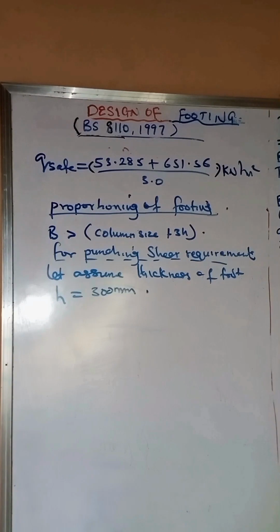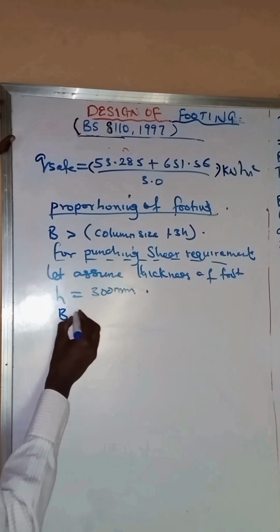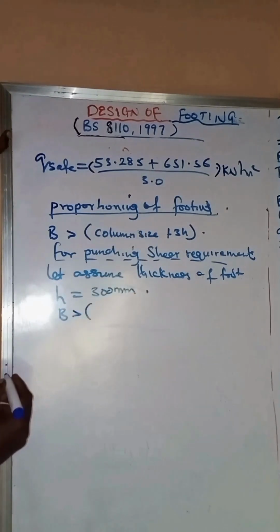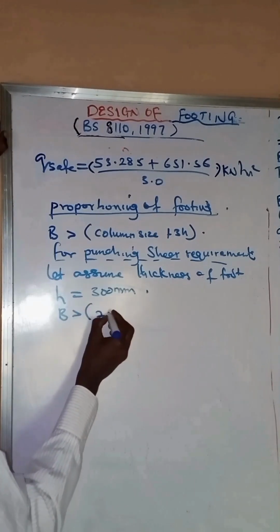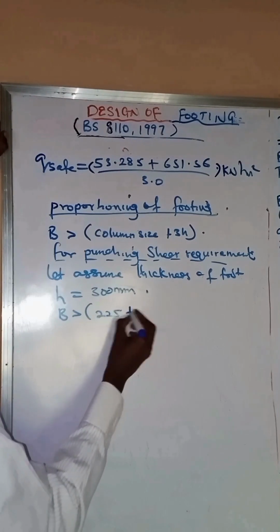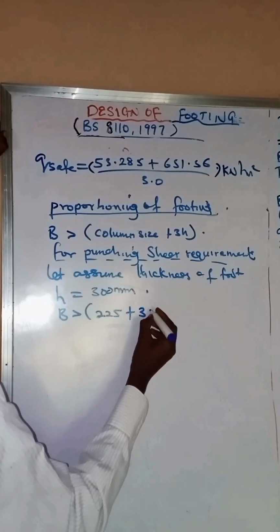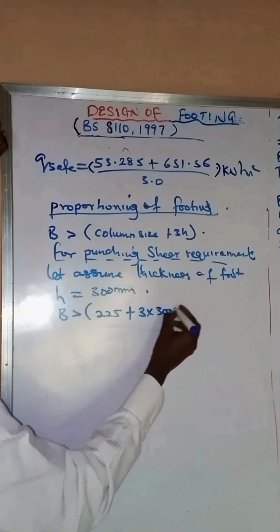So let's assume this is our thickness of footing. What it means is that the required breadth of the footing should be B greater than, we're assuming a square. We already know it's a square column, so we have one side of it, which is 225 plus 3h, 3 times h. Our h in this case, we have assumed 300.